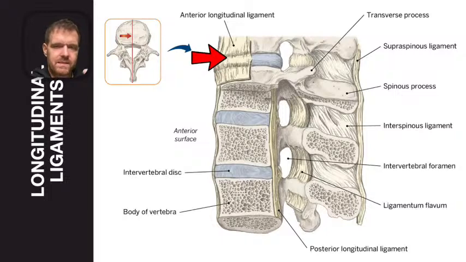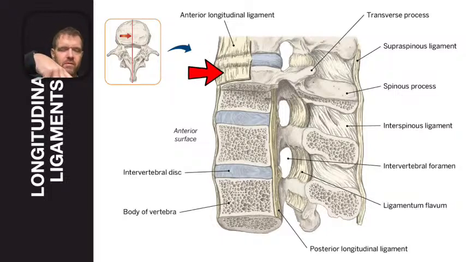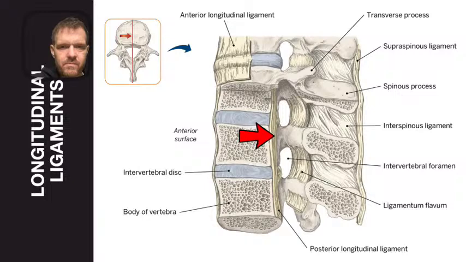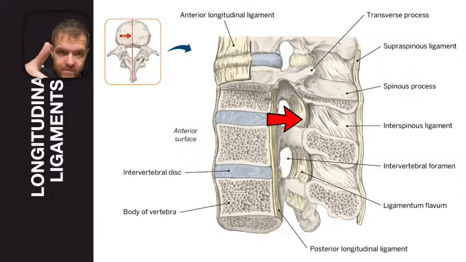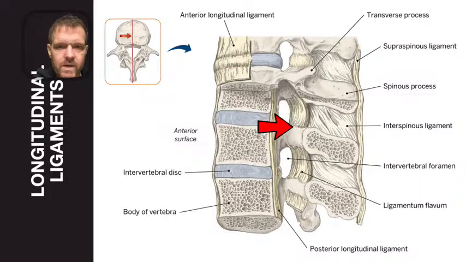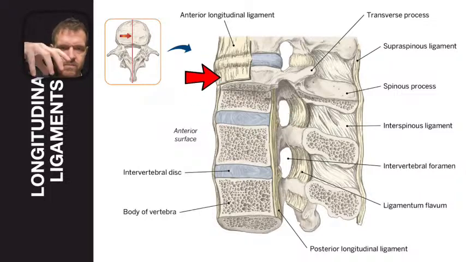This is the one that helps to prevent hyperextension. All of the others so far, posterior longitudinal and ligamentum flavum, have prevented flexion. This front one stops you extending too much. And again, it provides stability to the vertebral column.